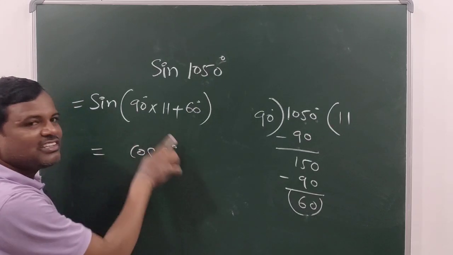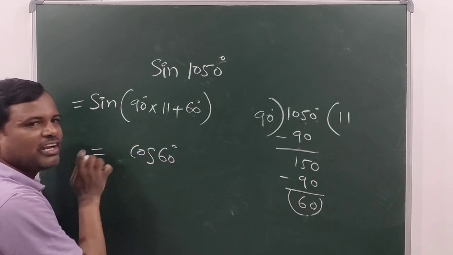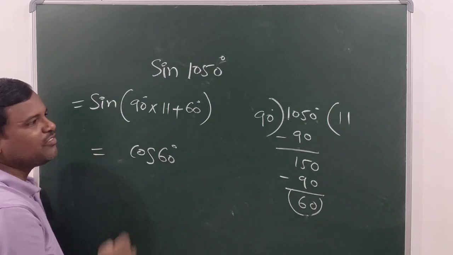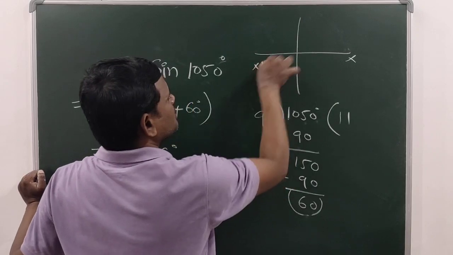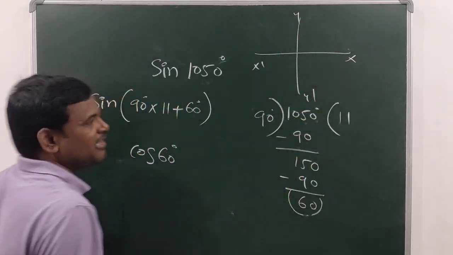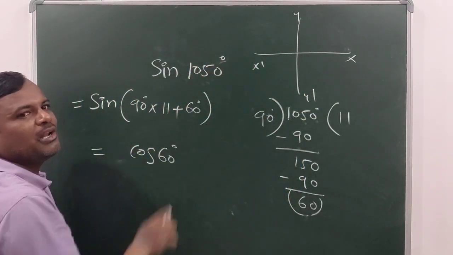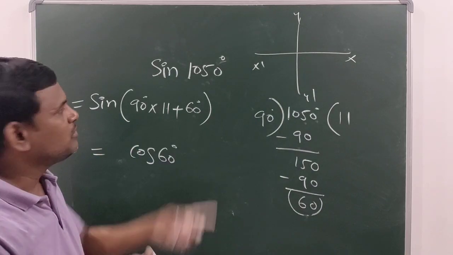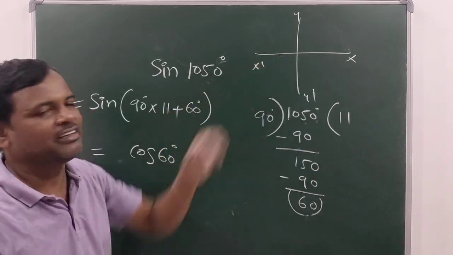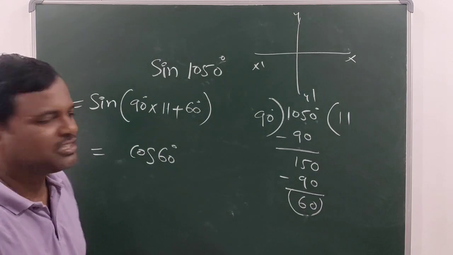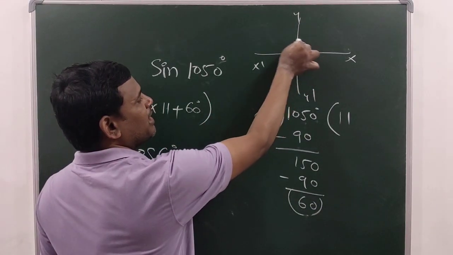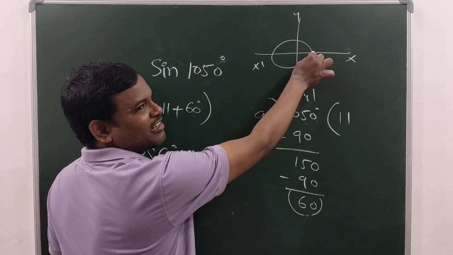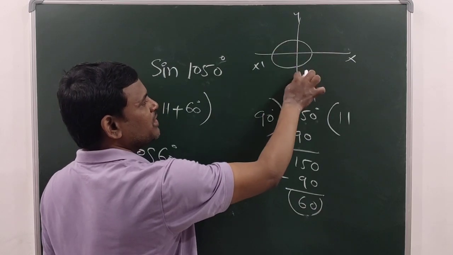Next you have to think for the sign, whether it is positive or negative. For that, you have to check the quadrant in which this 1050 belongs. How do you test? See here, how many 90s are there? 11 90s. How many 90s are covered? 4 90s: 1, 2, 3, 4.